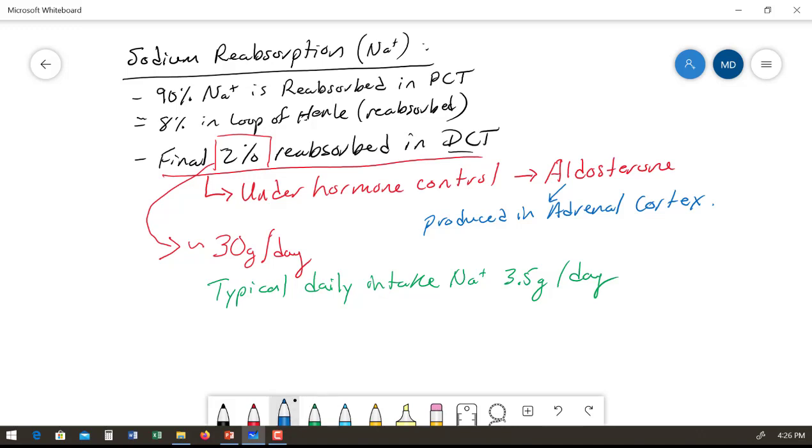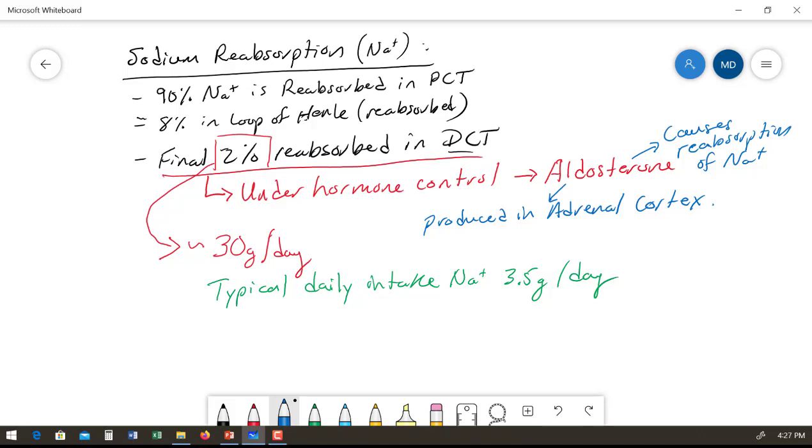So just to be clear, this aldosterone causes reabsorption of sodium. So in other words, it causes you to pull sodium, that last bit of sodium, those last 30 grams, from the filtrate back into your blood.